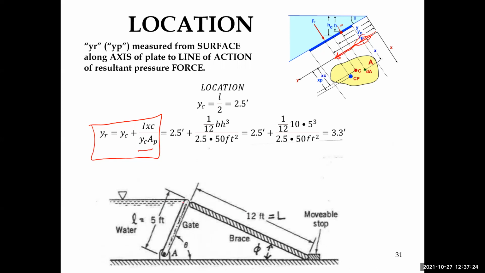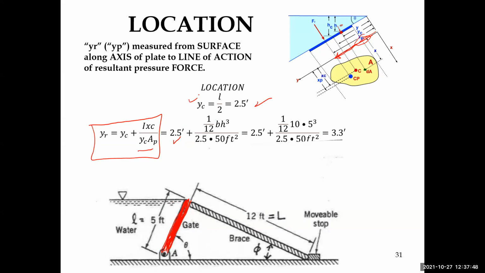So if Y sub C is measured along the axis of the plate and it's the distance to the centroid, then Y sub C is L over 2 or 5 over 2, which is 2.5 feet. So I know the value of Y sub C because I understand the definition of that parameter.